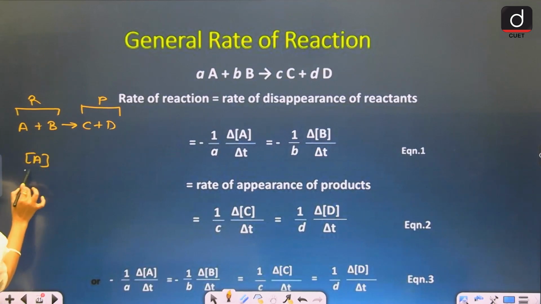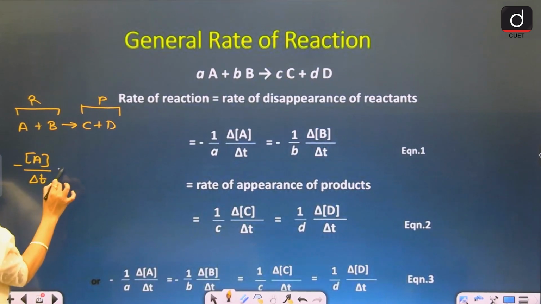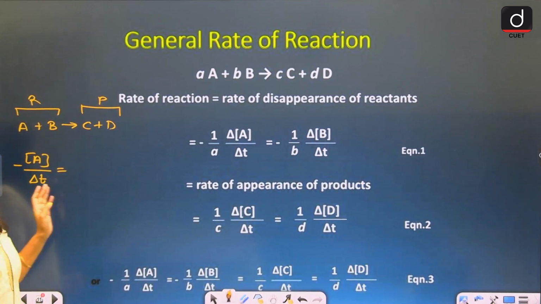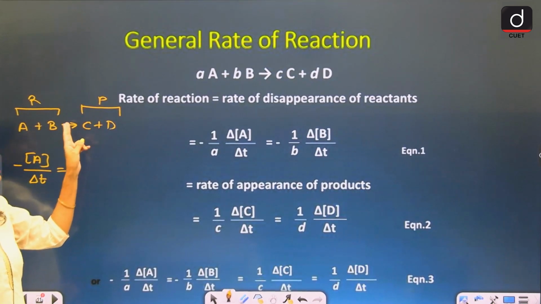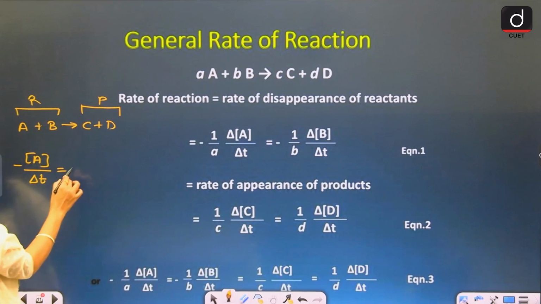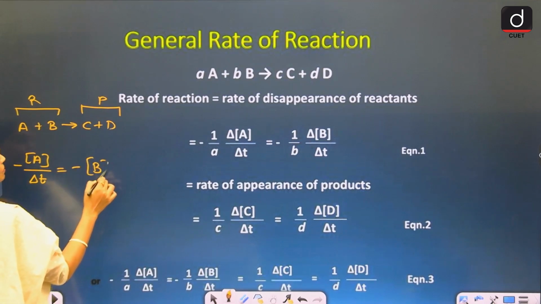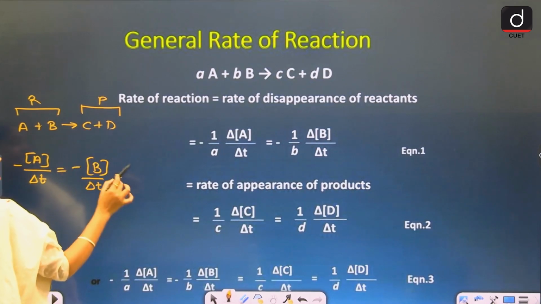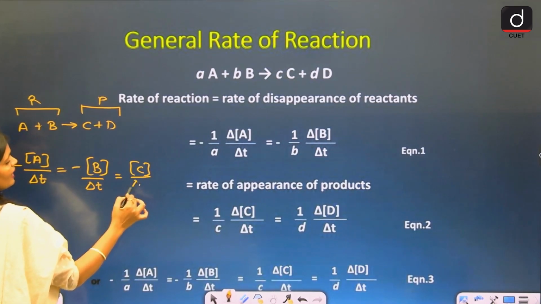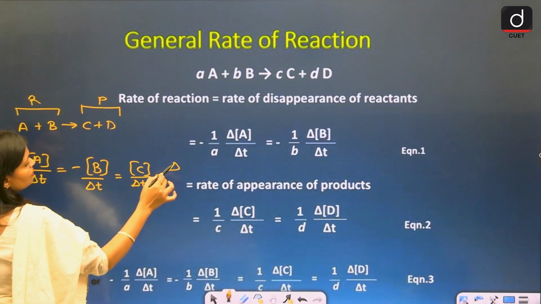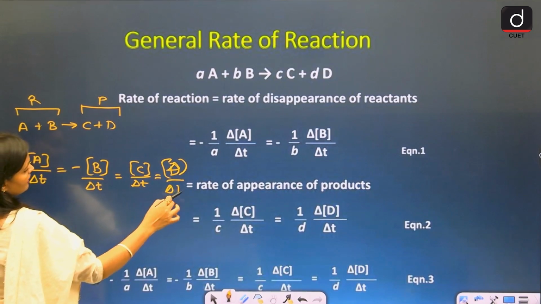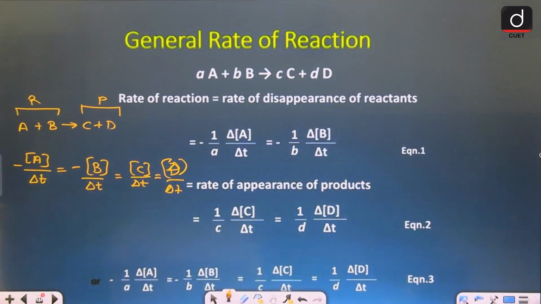The rate of decrease of concentration of A is always equal to the rate of decrease of concentration of B. So you can write minus delta A by delta T equals minus delta B by delta T, which is also equal to the rate of increase of concentration of product C, which is equal to the rate of increase of concentration of D with respect to delta T. So this is the general form of the reaction.